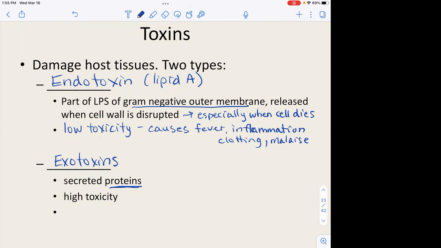It has very high toxicity, and a little bit goes a long way. So it kills host cells even when it's very dilute at a low concentration. So let me write that in here. Secreted proteins that act systemically.